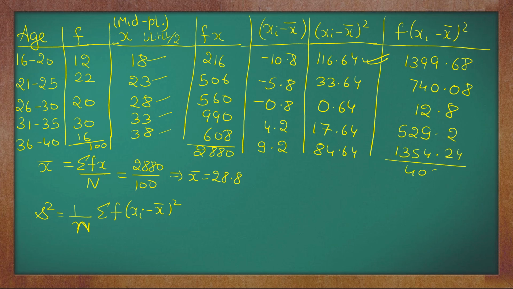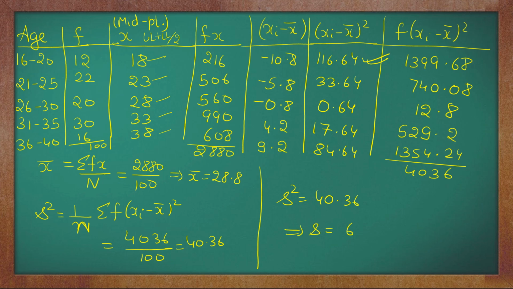Total is 4036. Put the value, students: 4036 divided by 100 is 40.36. But this is S square, 40.36. I calculated S: square root, 6.35. I got this value.